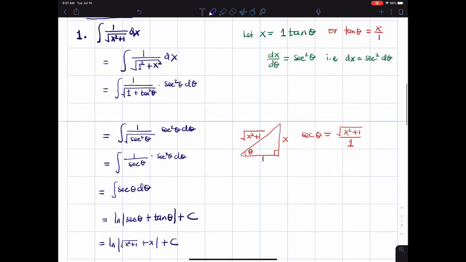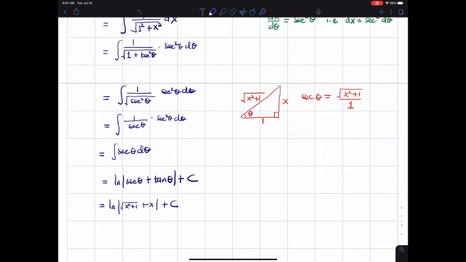Okay, now let's look at a second example. Let's see. Okay.